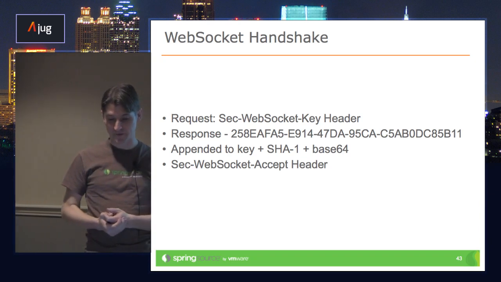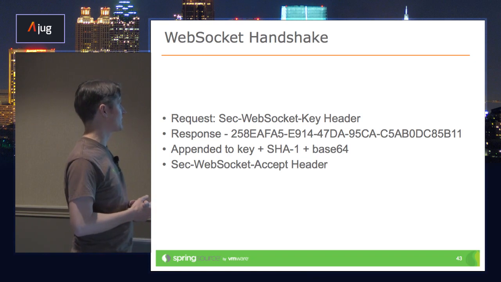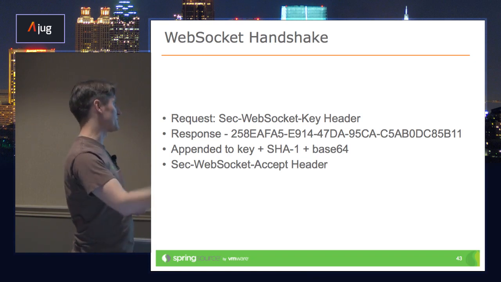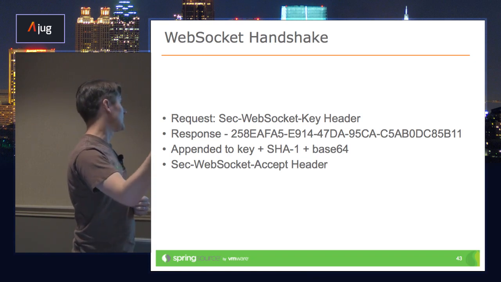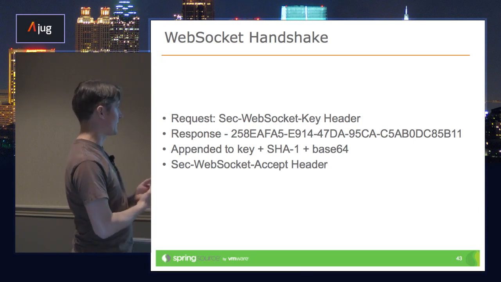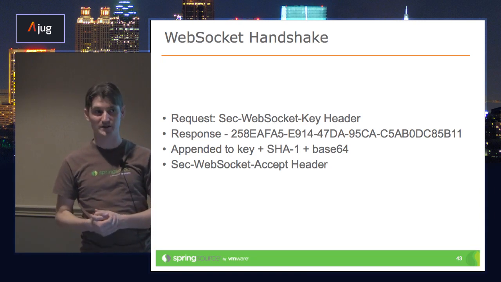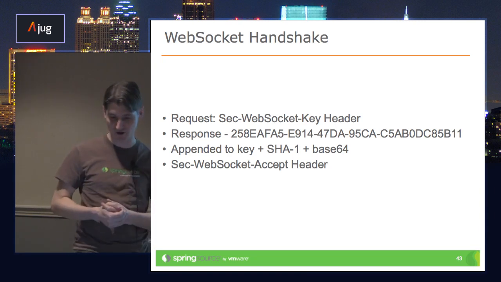You're sending that little key, which is that 258E, etc. The server then appends it to a key, applies a SHA digest and base64 encoding, and sends it back to the client. So basically, that establishes a trustful connection between client and server.